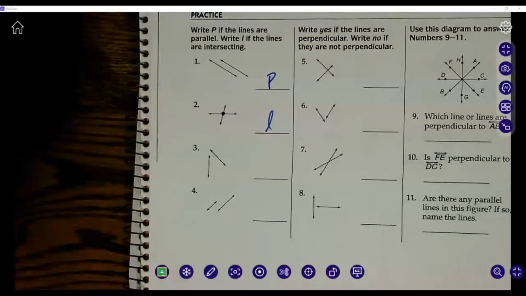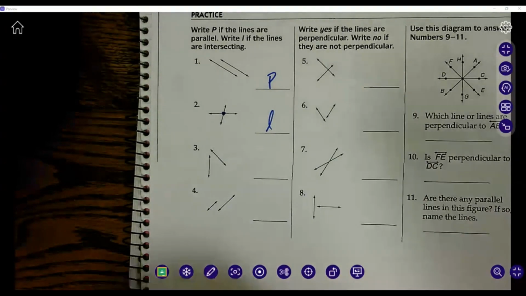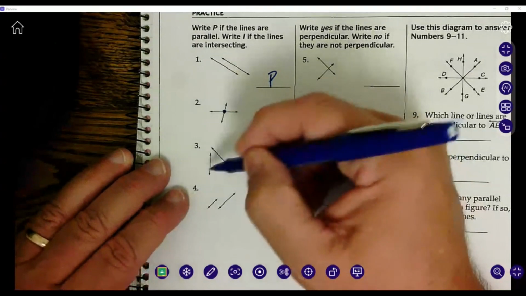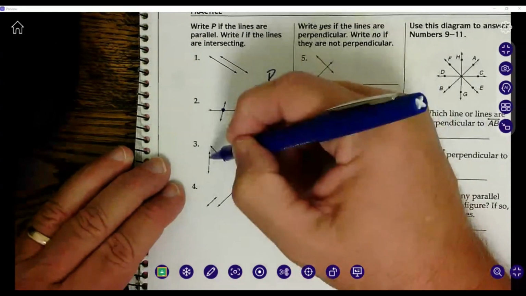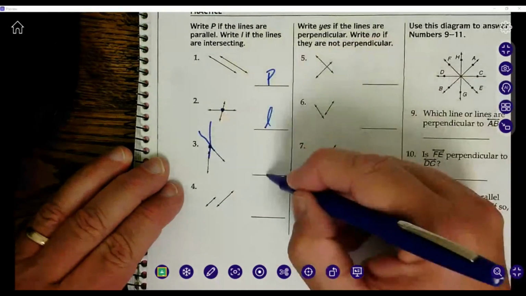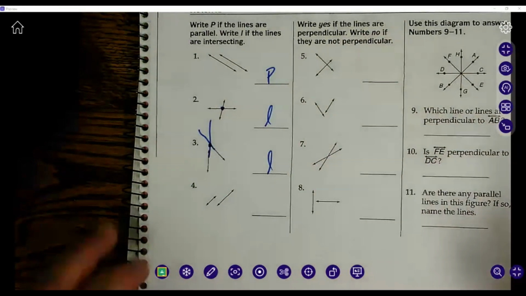Do those lines intersect or are they parallel? Okay. Yes, even though they are not actually intersecting in the image that's here, if these lines are extended, they would cross. So they would intersect.